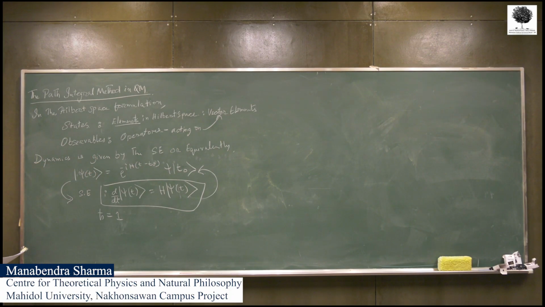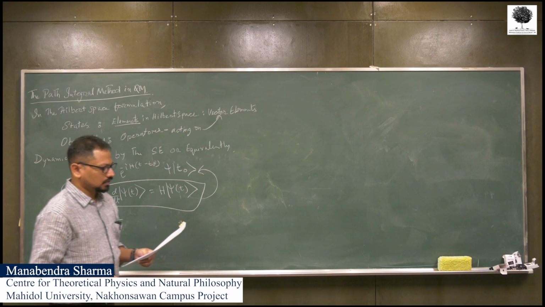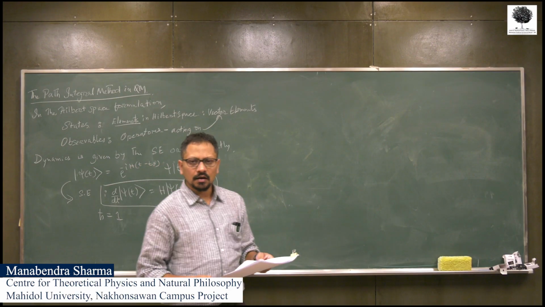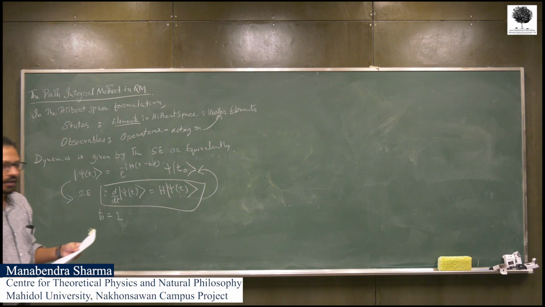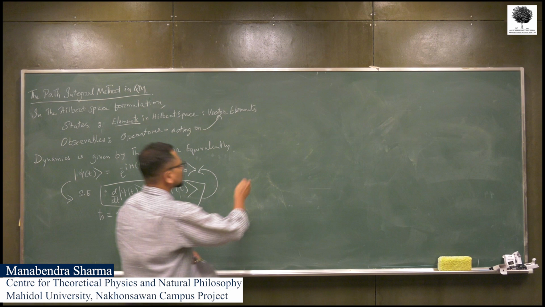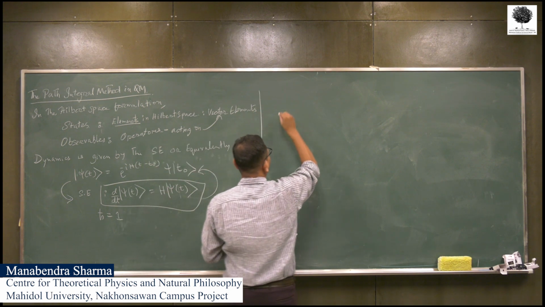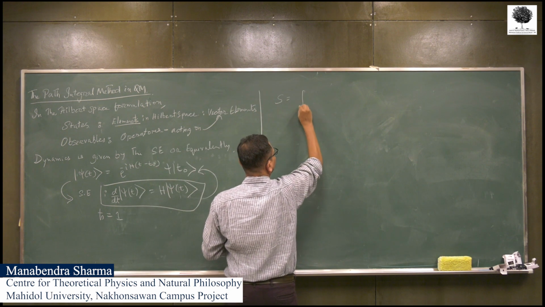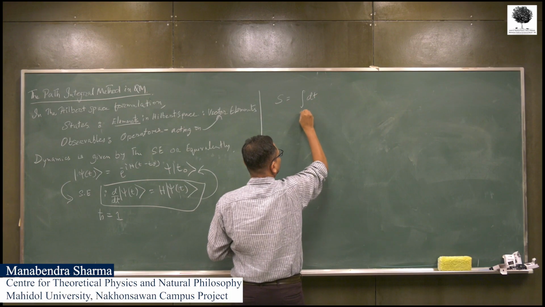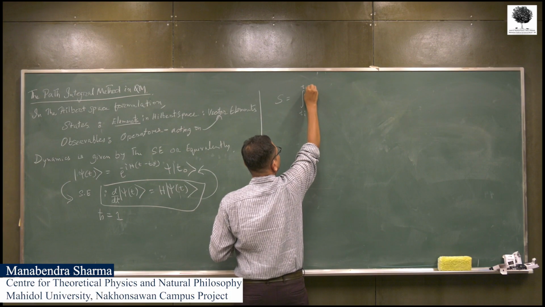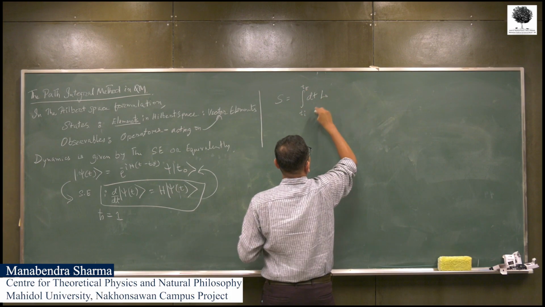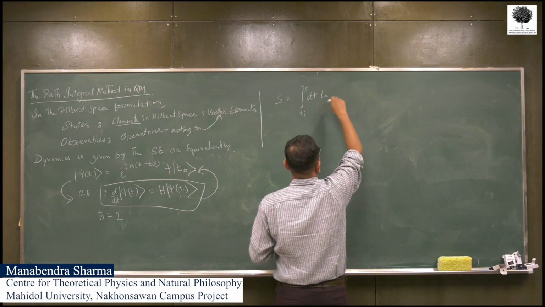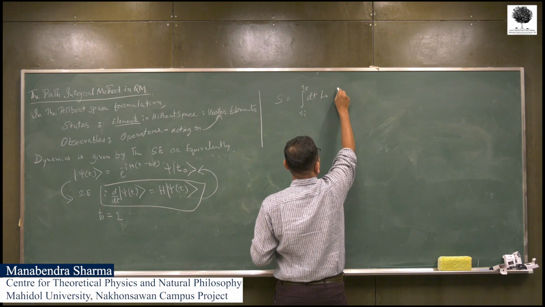All right. So this is the method we follow in the Hilbert space formulation, but today we are going to talk about path integral methods. I'll quickly review the classical situations. So in a classical picture, what you have is an action, which is an integral of the Lagrangian.